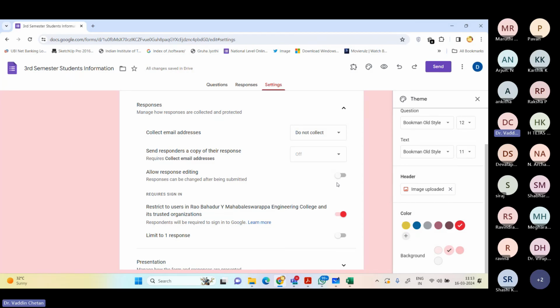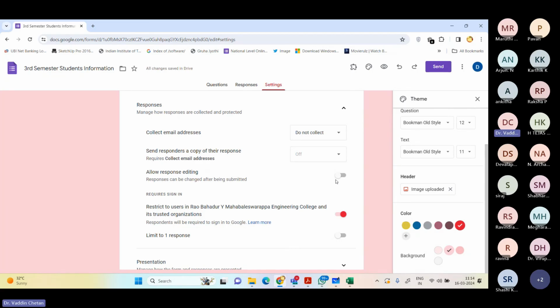In the next semester you have one ability enhancement course announcement. Yes, for fourth semester you have one ability enhancement course. In that, you have four courses, right? So I will give one Google form to choose which AEC you need, right?